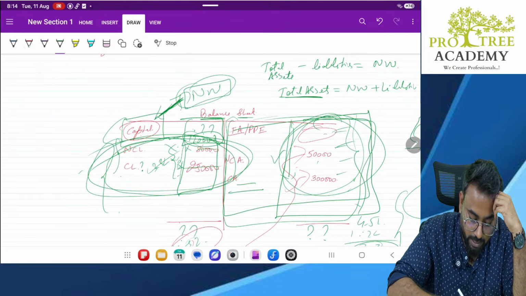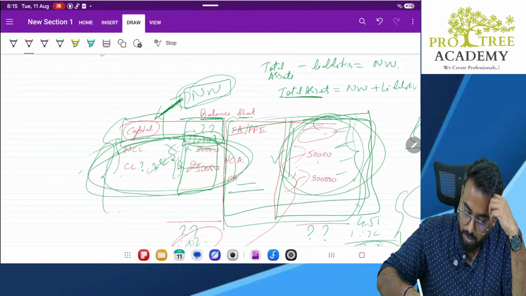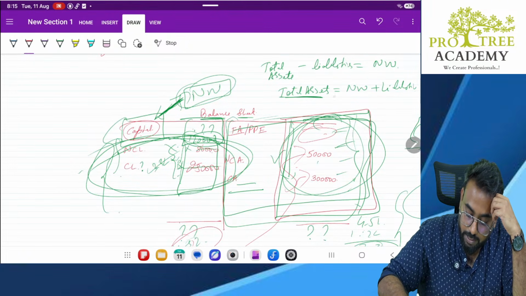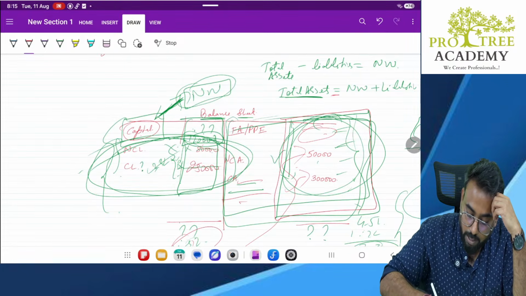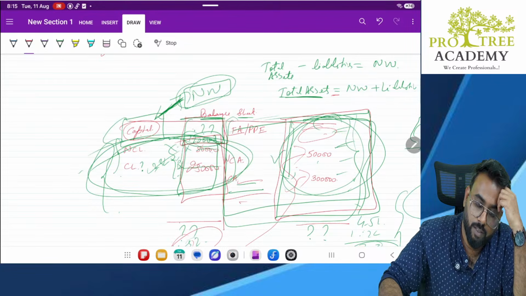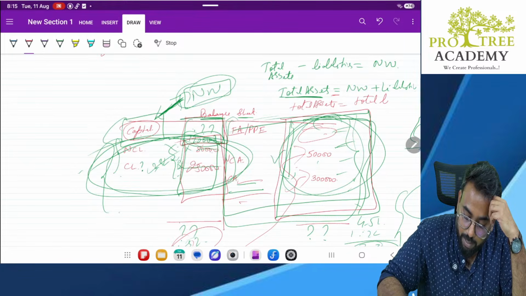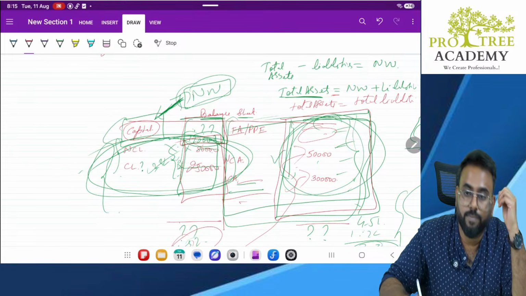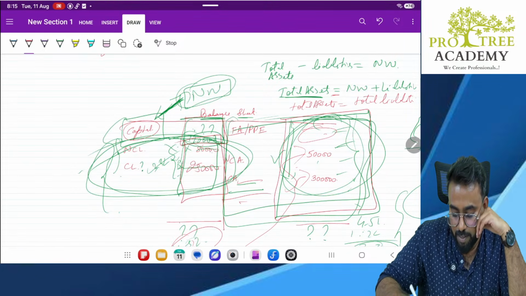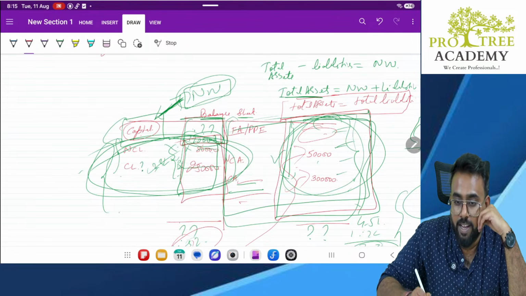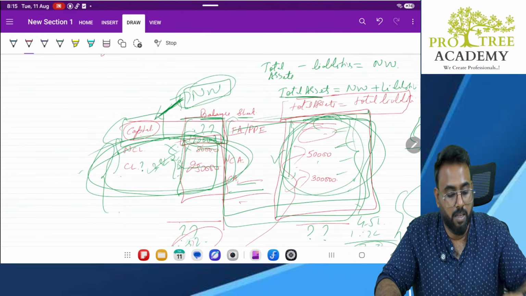Total assets is equal to net worth plus liability. In other words, total assets is equal to total liabilities. Here is what we started from. Here is where we arrived.